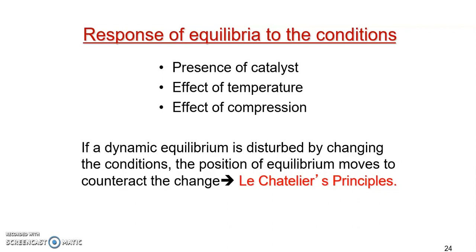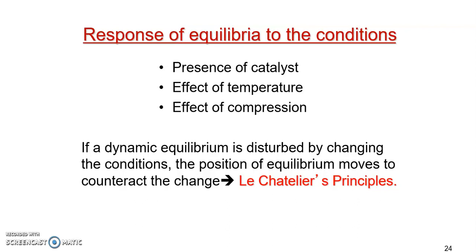So from there, we can state that when a system at equilibrium is subject to a disturbance, so we give an extra condition, the composition of the system will be adjusted so as to tend to minimize the effect of the disturbance.